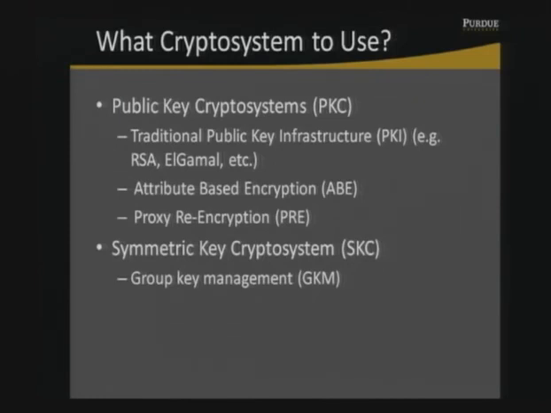In the coming slides, I'll explain the 3 most popular public key cryptography systems, point out their limitations, and argue why they are not suitable for the scenarios that we are discussing. We make the case that symmetric key cryptography systems provide a better solution.